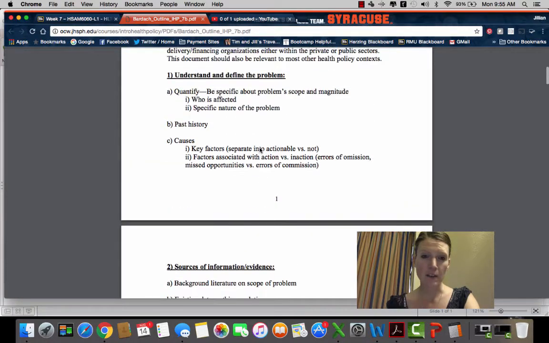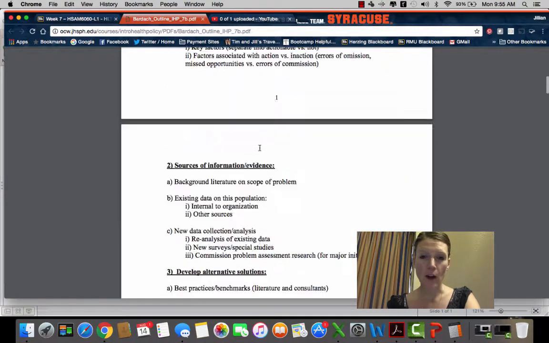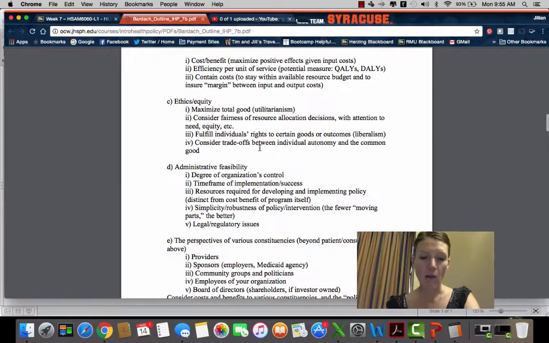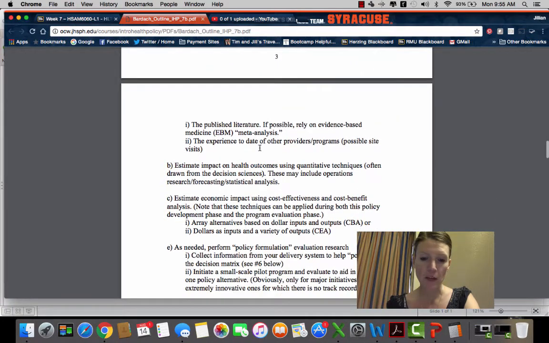break down that policy and understand what problem you're having. It might be a policy that you're creating, or sometimes we borrow policies from other places to implement, or maybe it's a large national policy that you are now adapting to use in your facility, or some type of regulation that you now need to create policy based on in your own organization.